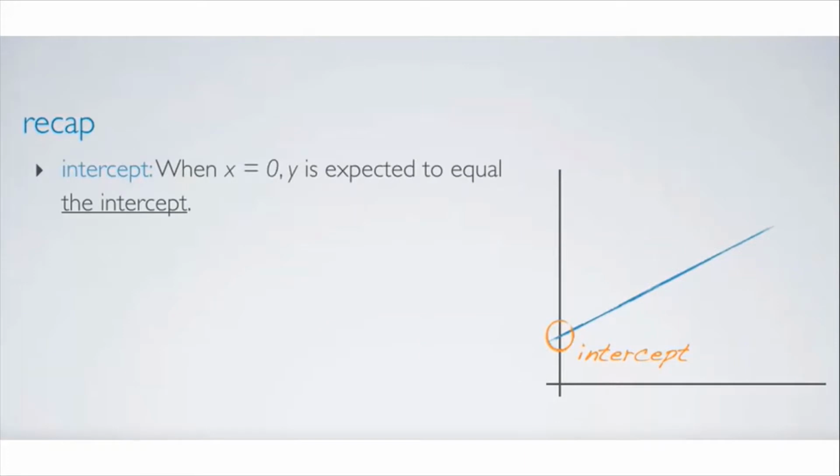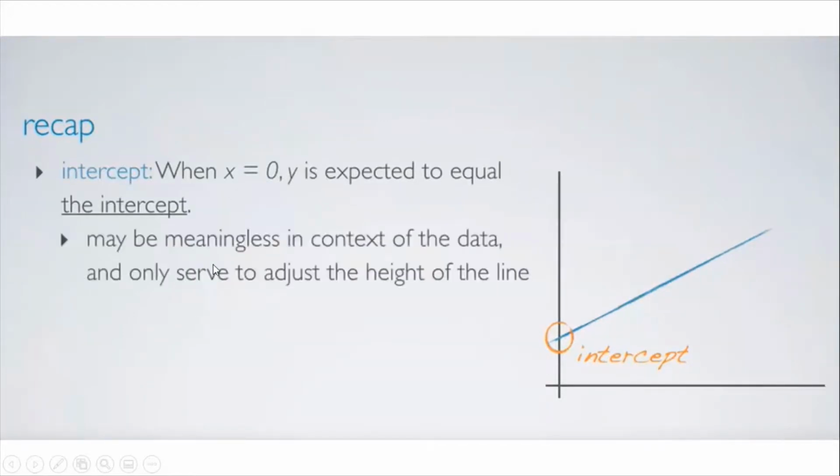To recap, the intercept is basically the value of predicted y when x is equal to 0. We just want to draw the line, but sometimes the intercept is meaningful and sometimes it is meaningless.